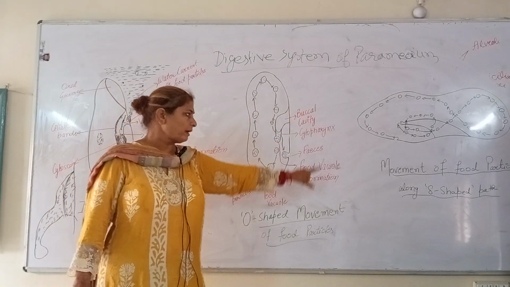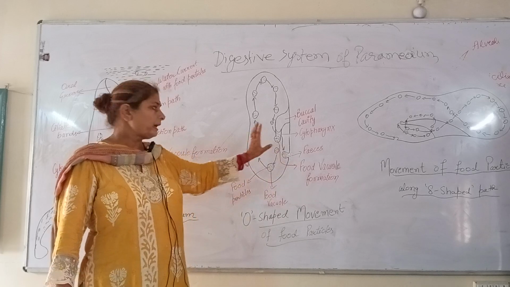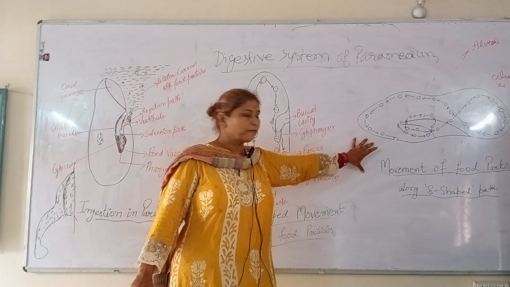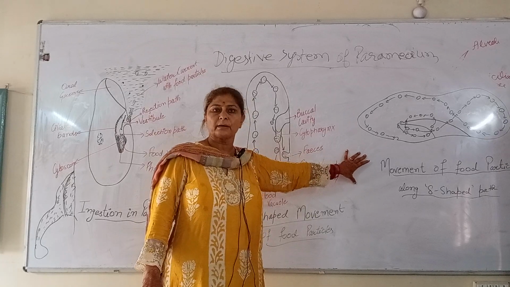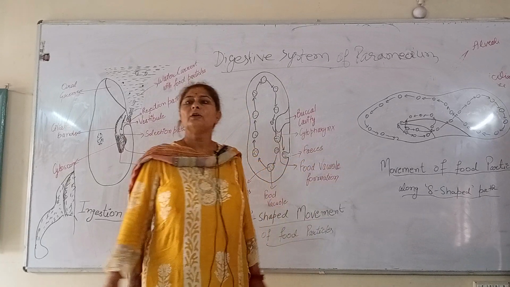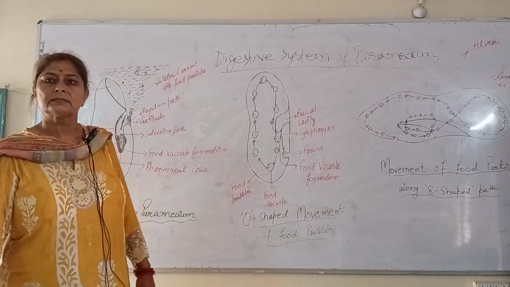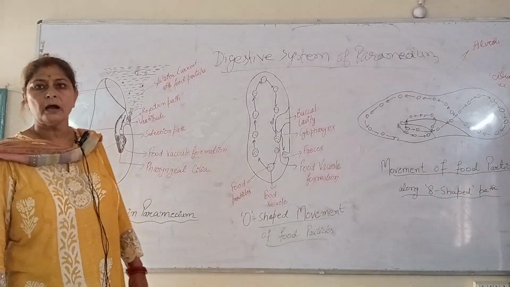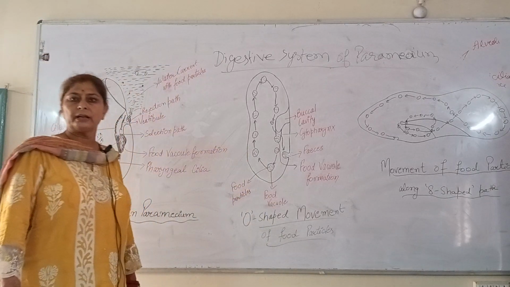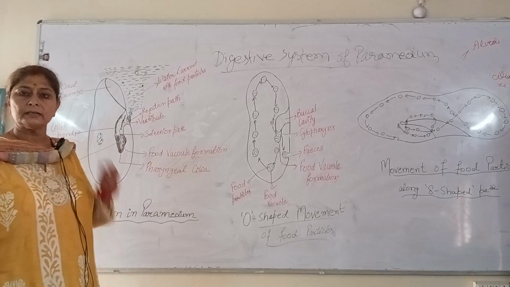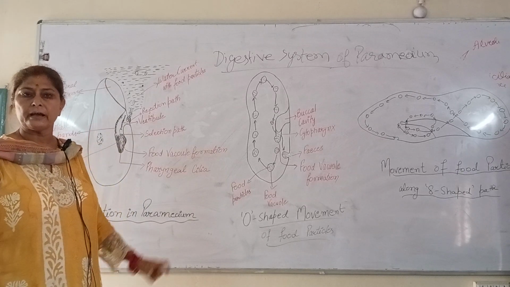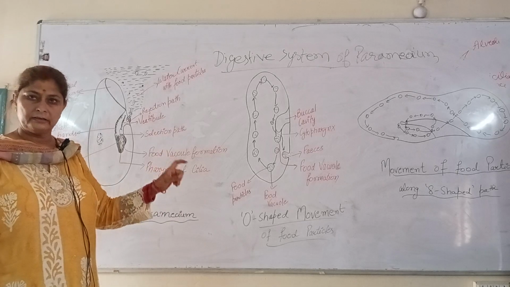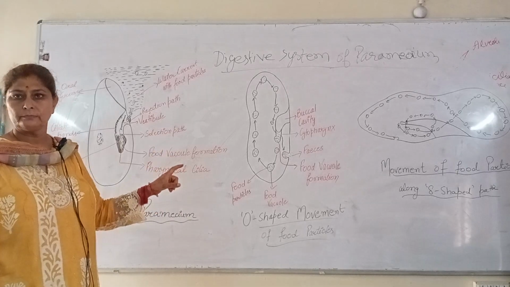Digestion is also very important. They have also different structures or functioning as compared to other lower animals, and especially from the animals which are in your syllabus, that is paramecium, a little bit different and tough also.